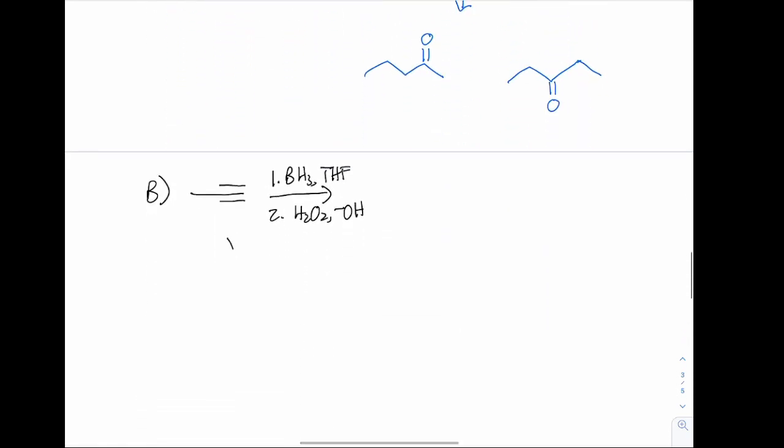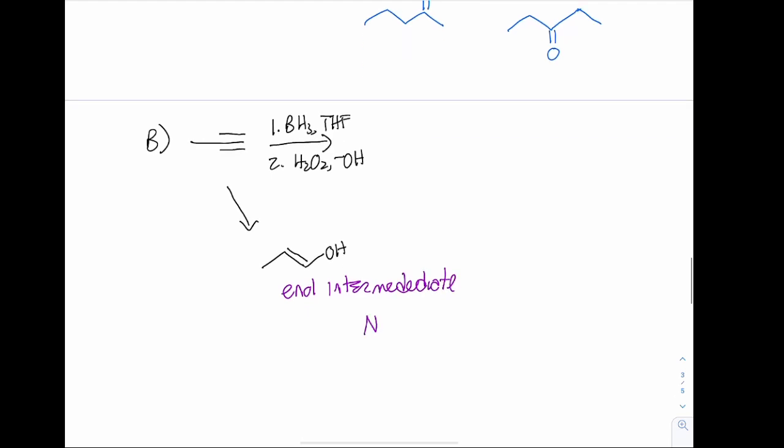So I am going to go through an enol intermediate. So I have a double bond there, but I'm going to put my hydroxyl group on the less substituted carbon. So enol intermediate. Non-Markovnikov.